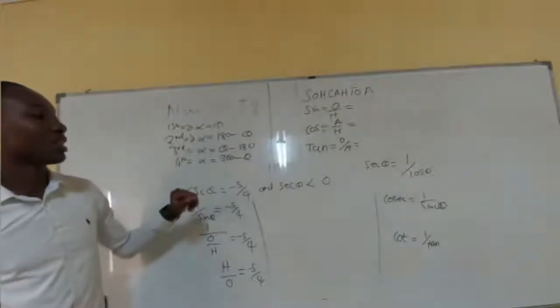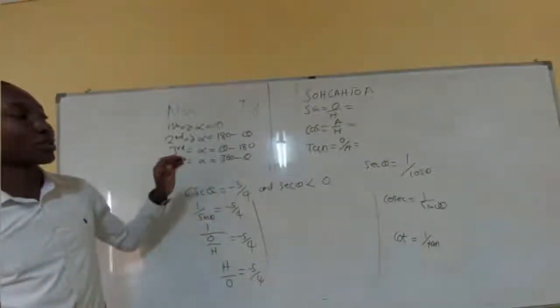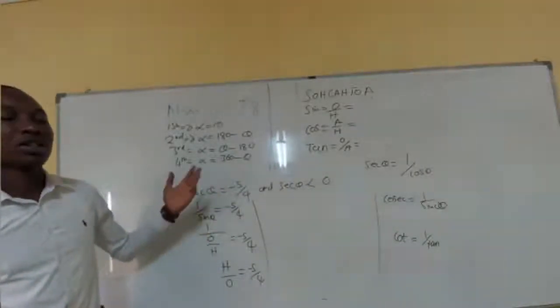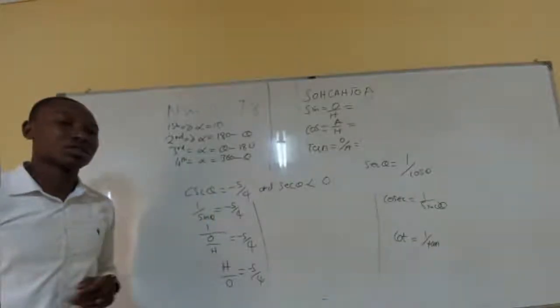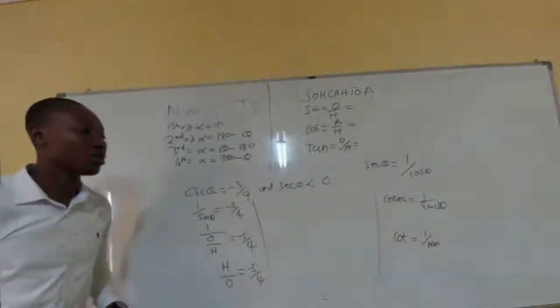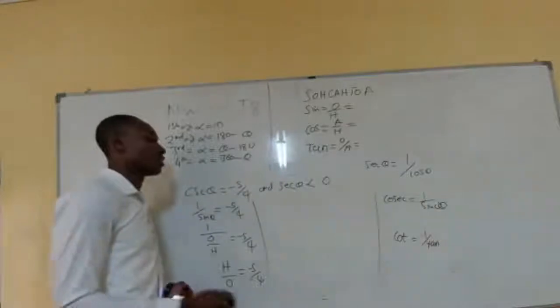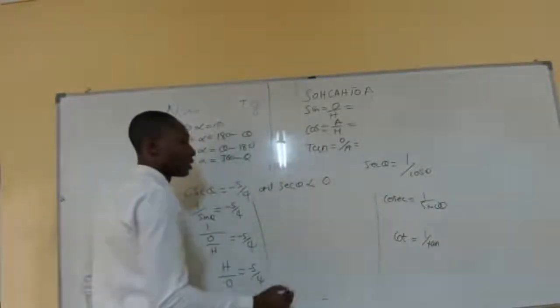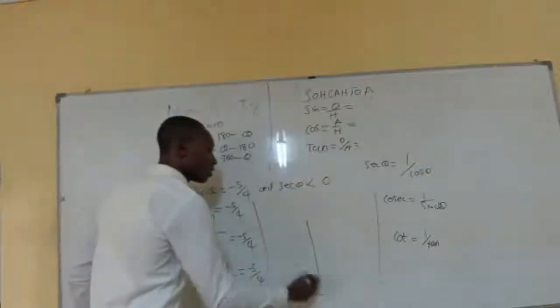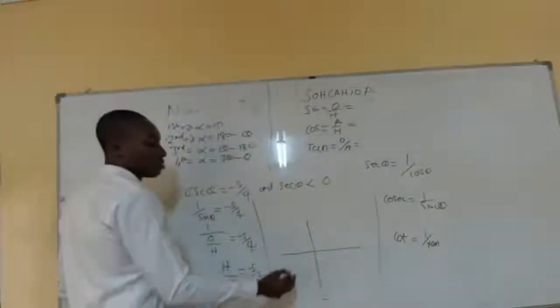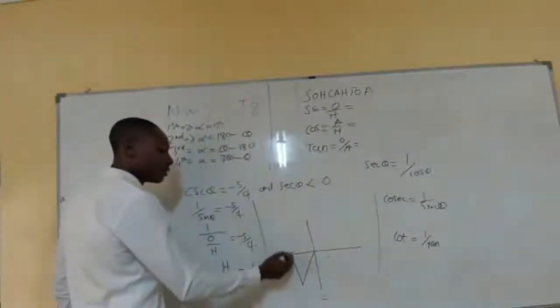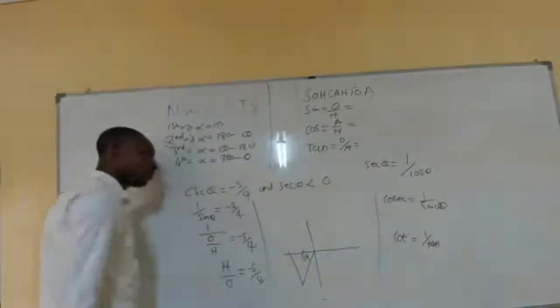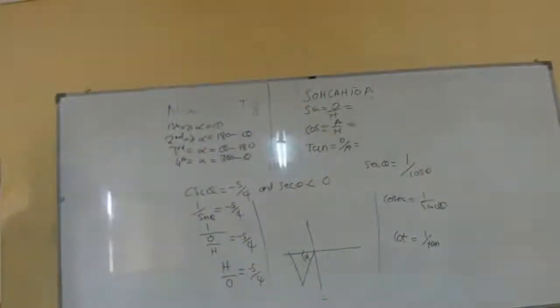In which quadrant are sine and cos both negative? This is the third quadrant, so we are in the third quadrant.